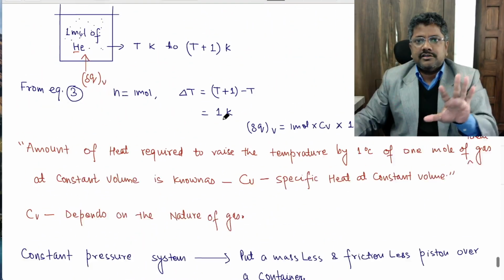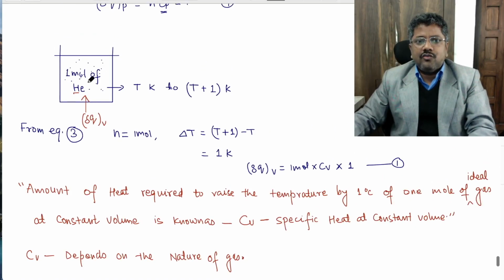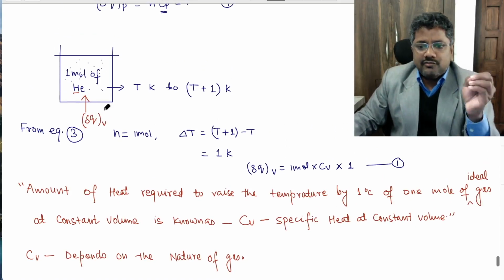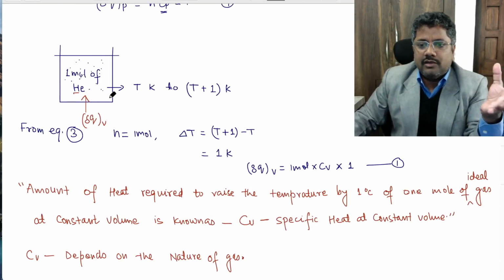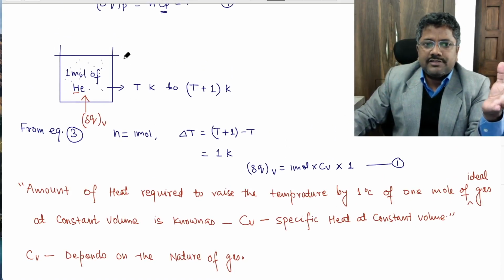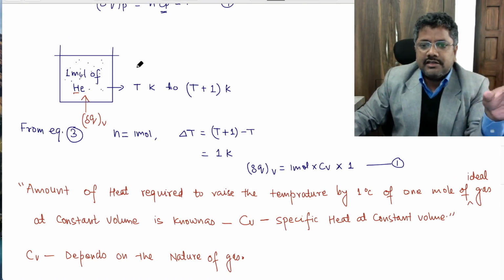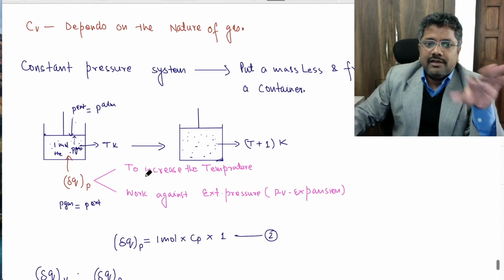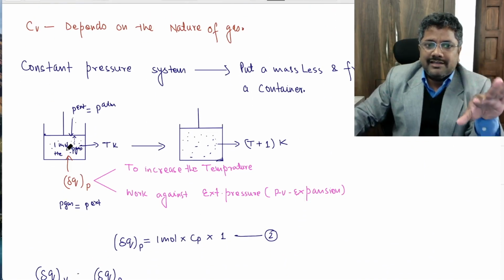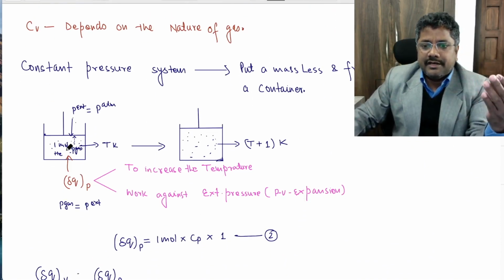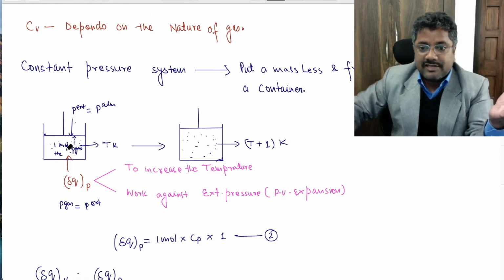What is the relation between these two Q? You just observe here, there is no work. This heat is consumed to increase the temperature only, because the volume is fixed, the container is rigid, there is no piston, no possibility for the expansion of the gas. But here, when you provide the heat, there is a chance of expansion because it's a constant pressure system.